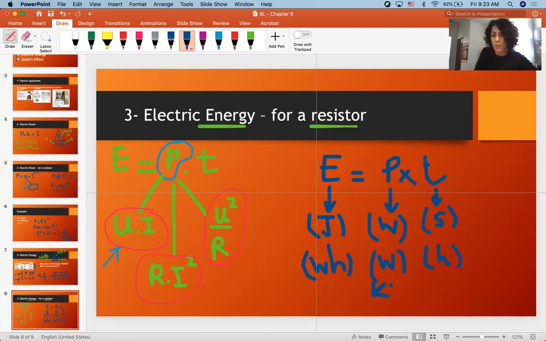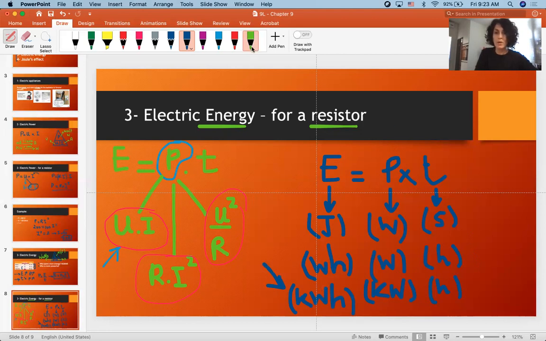If this is in kilowatts and this is an hour, can you guess what would be the energy? It's gonna be in kilowatt hour. And this unit is actually used thoroughly, especially when your parents are paying the electricity bill, they actually pay for the kilowatt hour.